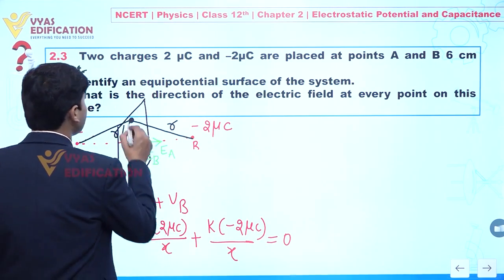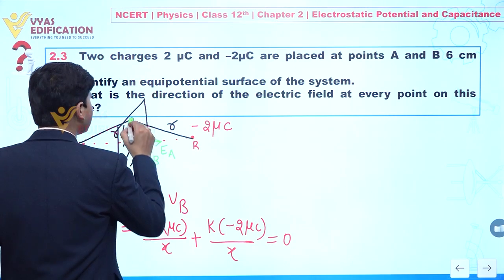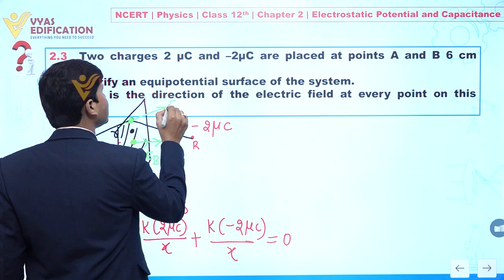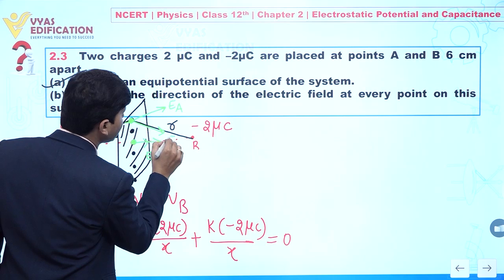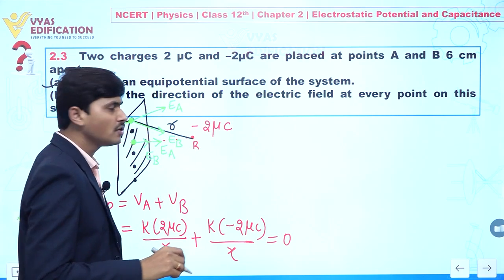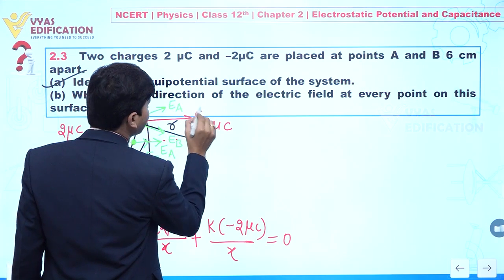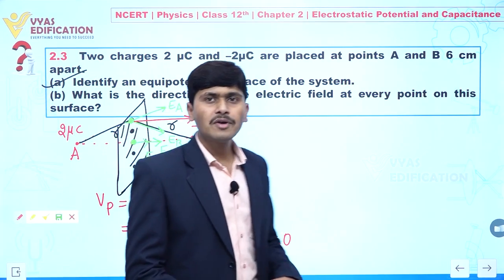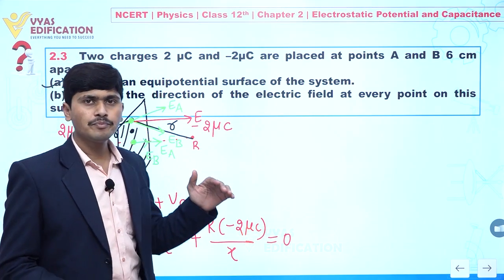Let's suppose you ask, sir, what will happen at this point, clear. Direction is given by EA like this, and here direction is given by EB like this, yes or no. So if we talk about the resultant, we always find the resultant in this direction, clear. So at any point you always find electric field direction from A to B, clear.